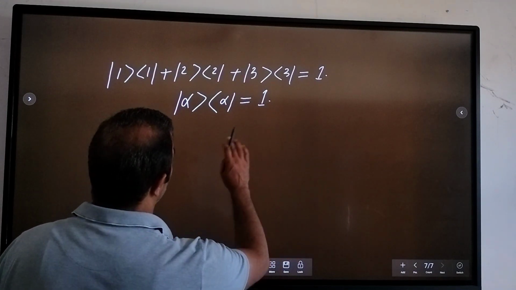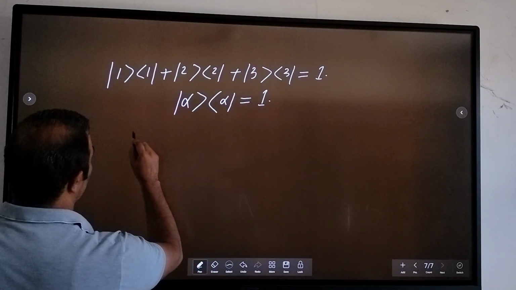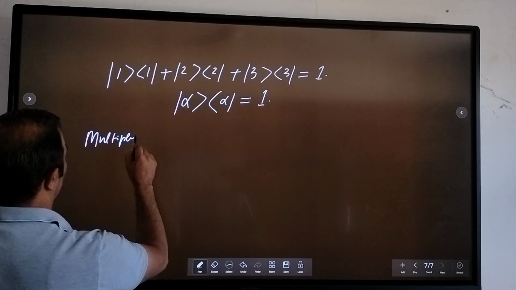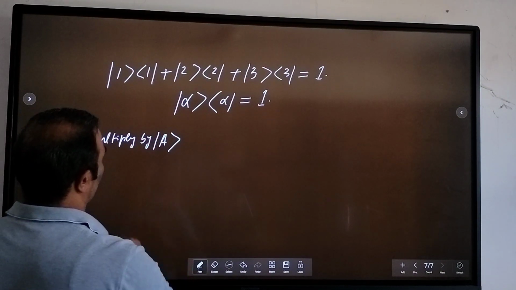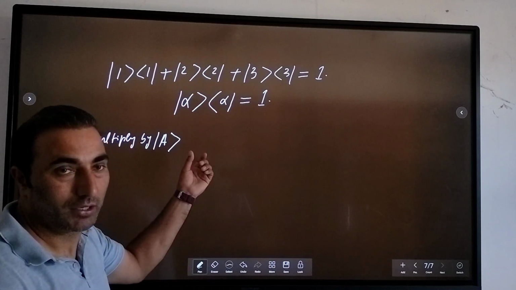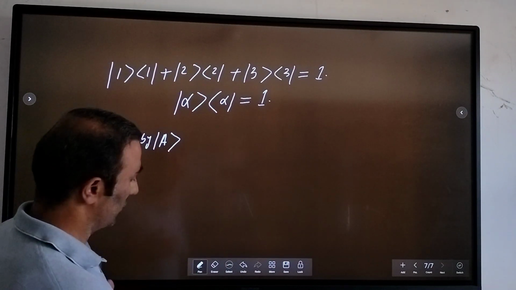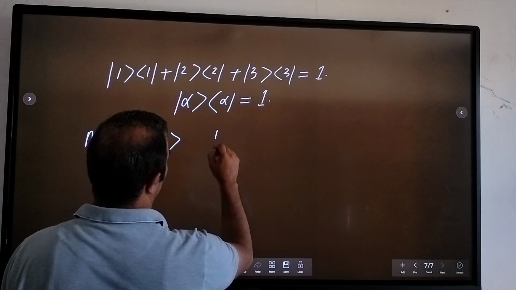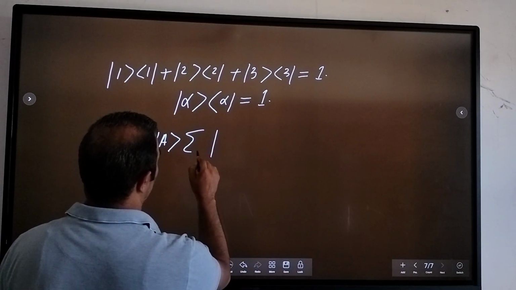So if we multiply this by some vector, if I multiply by this term, this becomes equal to, you can write that, this is equal to summation 1.